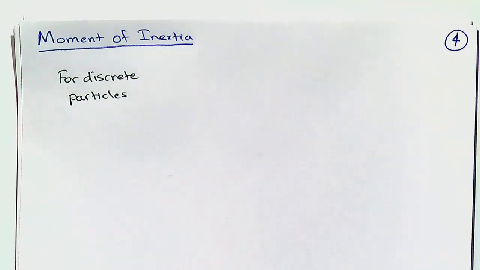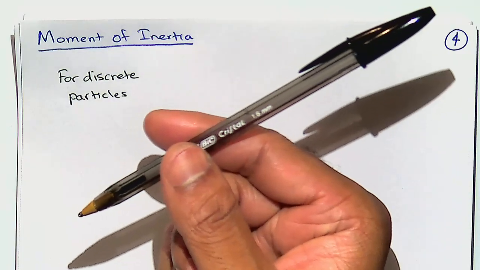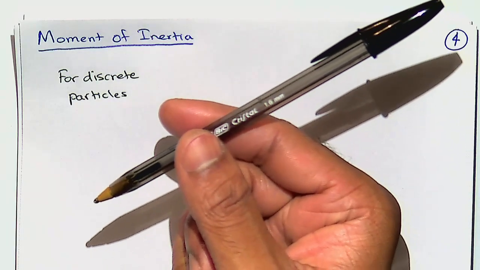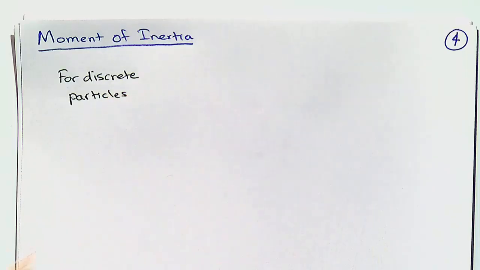We did something similar with the center of mass. If we consider an object made out of a bunch of points, then we can just count the points. But when you're talking about a real object like a pen, clearly this is not made out of a bunch of points. So it's an extended object. But if we understand what to do with particles, we can extend it to more real objects that are not particles.